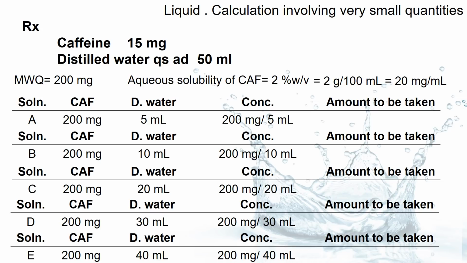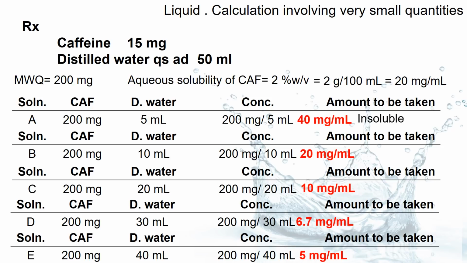To make the discussion easier, we convert the current concentrations to per 1 ml. For solutions A to E, it is 40, 20, 10, 6.7 and 5. Looking at these, we know that solution A has exceeded the aqueous solubility, meaning that the solution you get will be opaque because the caffeine cannot fully solubilize.